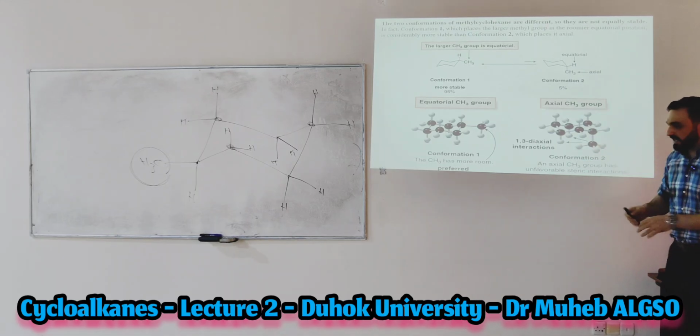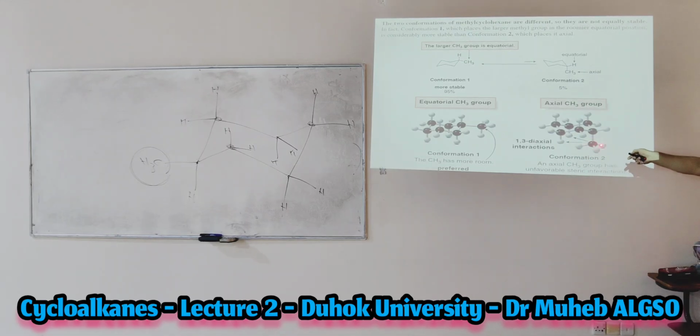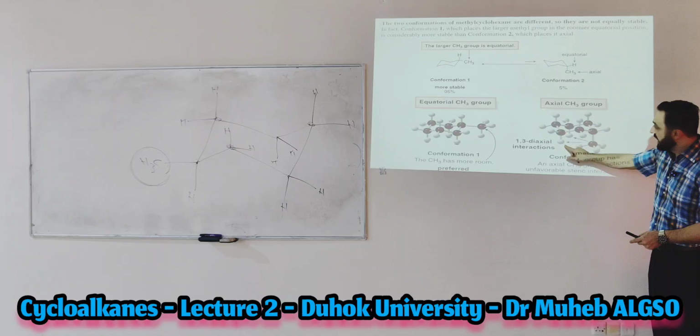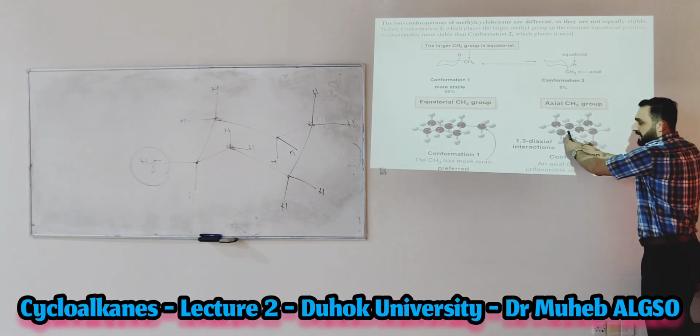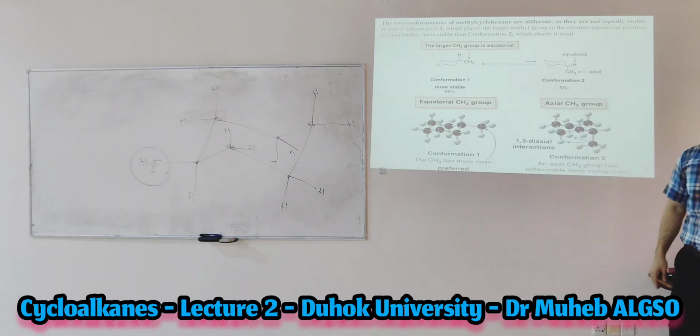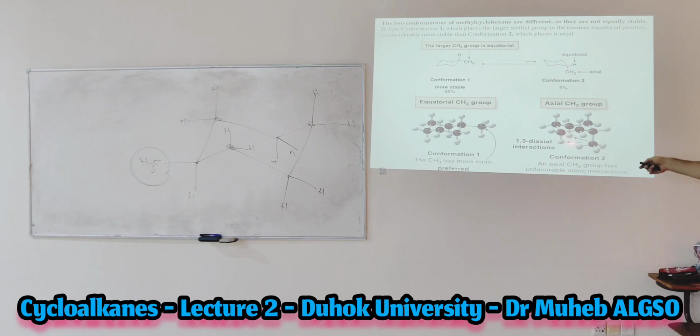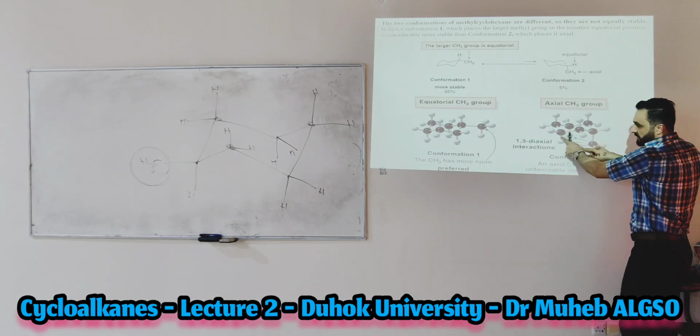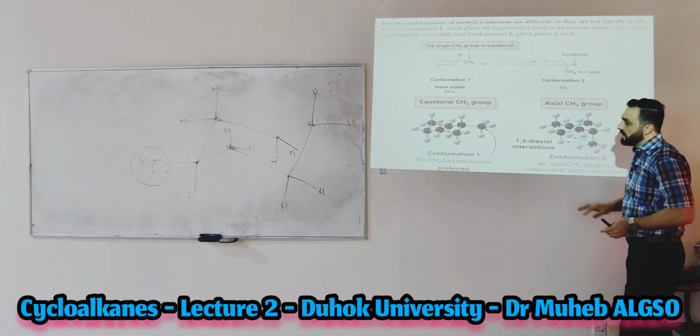This is the methyl group, okay? Look here. These hydrogens, 1, 2, 3, are near to these two hydrogens. Okay, and what does this make here? It makes a steric effect. This is the steric effect, because this hydrogen will be near this hydrogen.